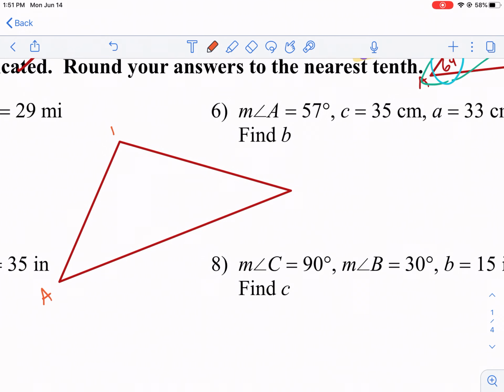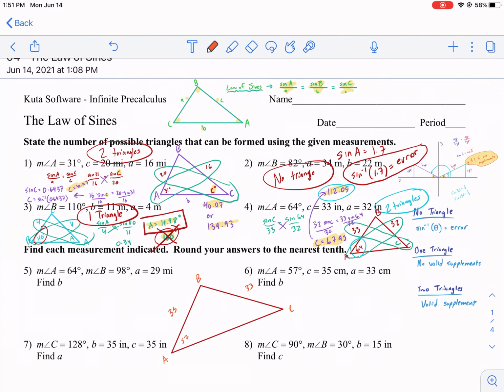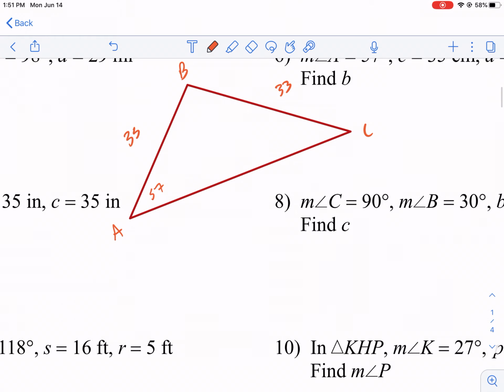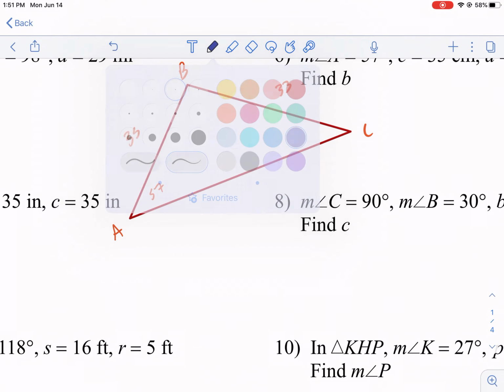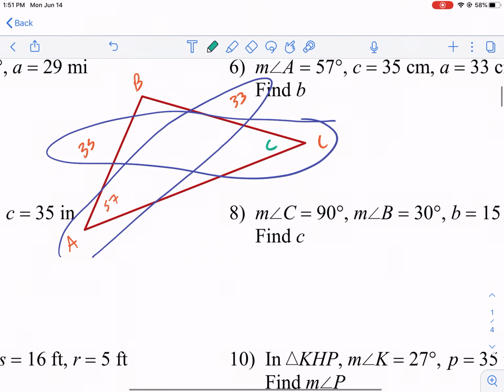So here we go. Let's call this A, B, C. We know A is 57, C is 35, A is 33. Is this the same measurements as it was earlier? No. Okay, here we go. So, again, we're going to circle our values here. So we have this, opposite side, only one missing value right here, angle C. So we know that the sine of C, I'm going to use blue and just leave the C by itself.